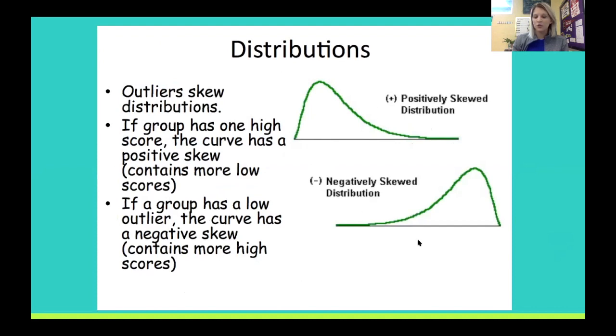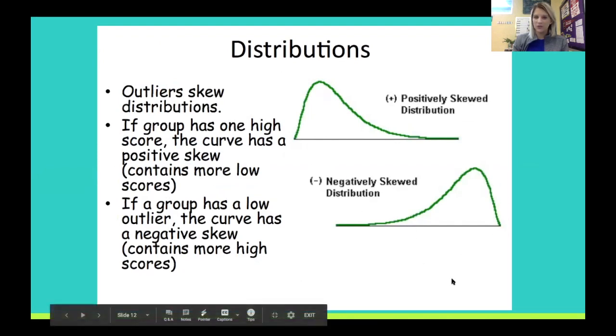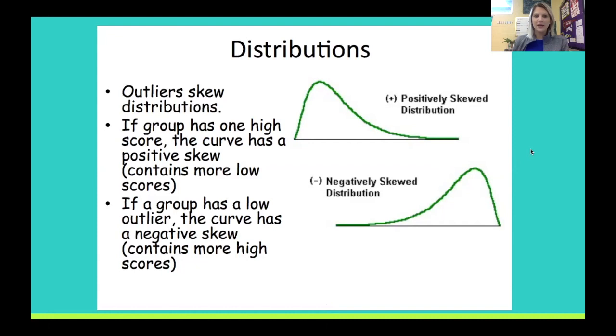A negatively skewed distribution is one where most of the data is over here. So if a group has one high score, the curve has a positive skew, meaning it contains more low scores. And if a group has a low outlier, the curve has a negative skew because it contains more high scores.